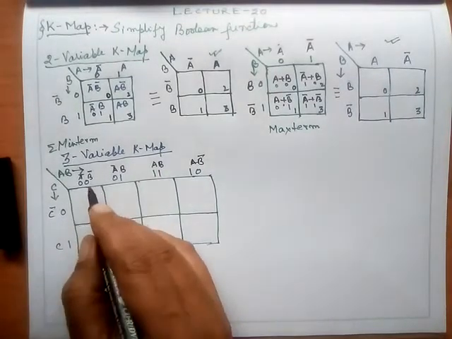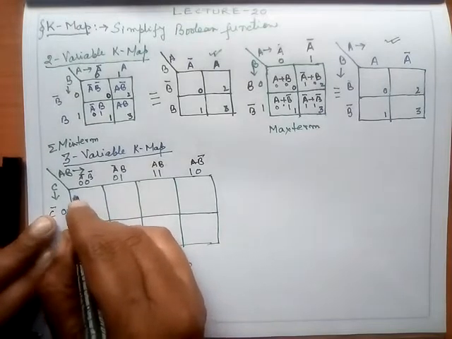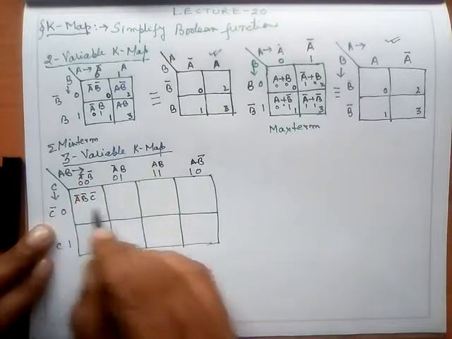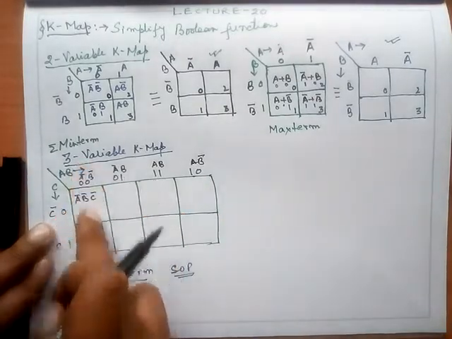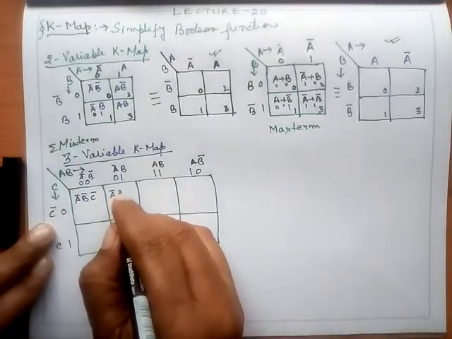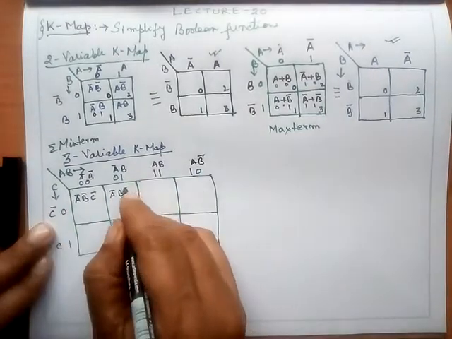Now look at this. This cell corresponds to A bar, B bar, C bar. Just see, it is the intersection of this and this. Then this is A bar, B, C bar, with A bar B from here and C bar from here.